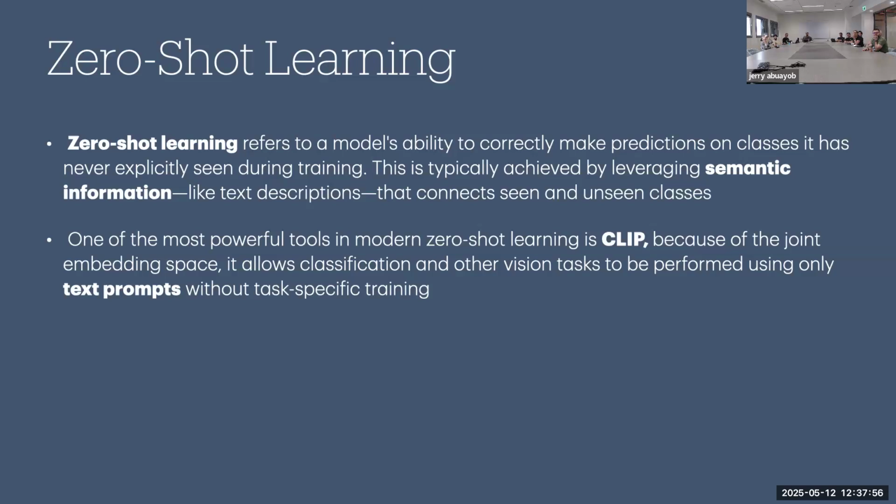One of the most powerful tools that we can use in such a setting is the model CLIP from OpenAI because of the joint embedding space. It maps the visual embeddings and the text embeddings to the same space, and therefore we can learn any semantic relationship between the two modalities.